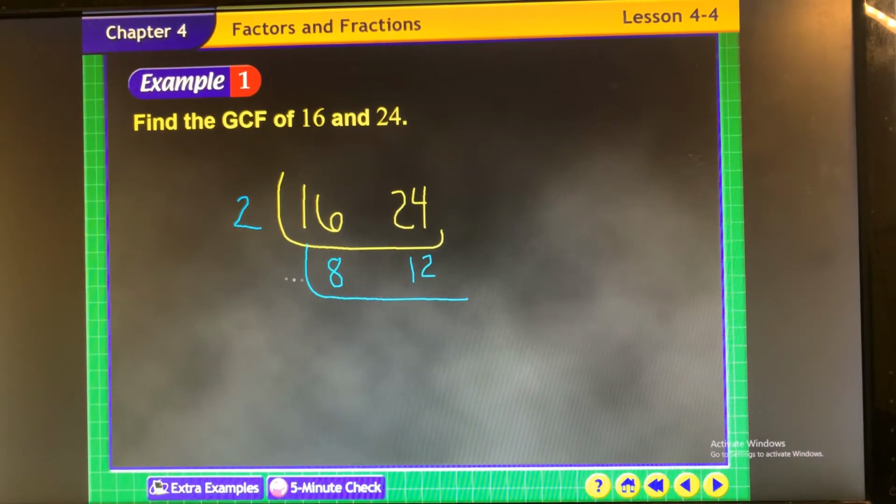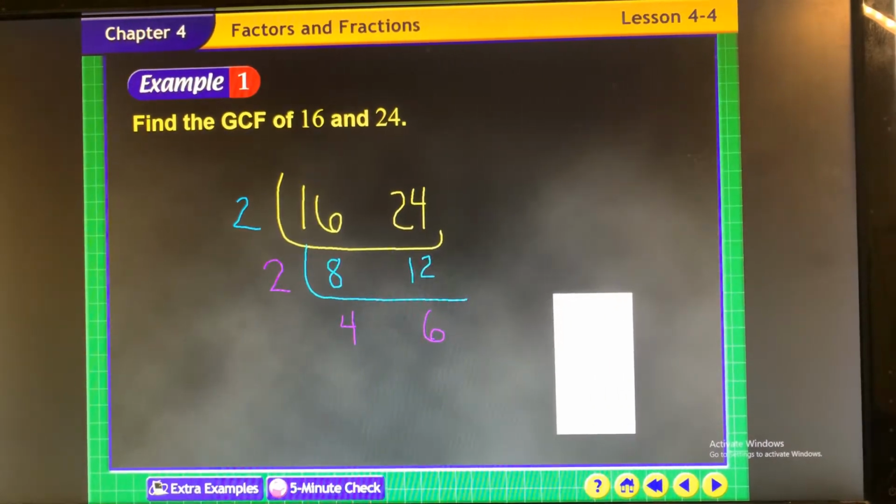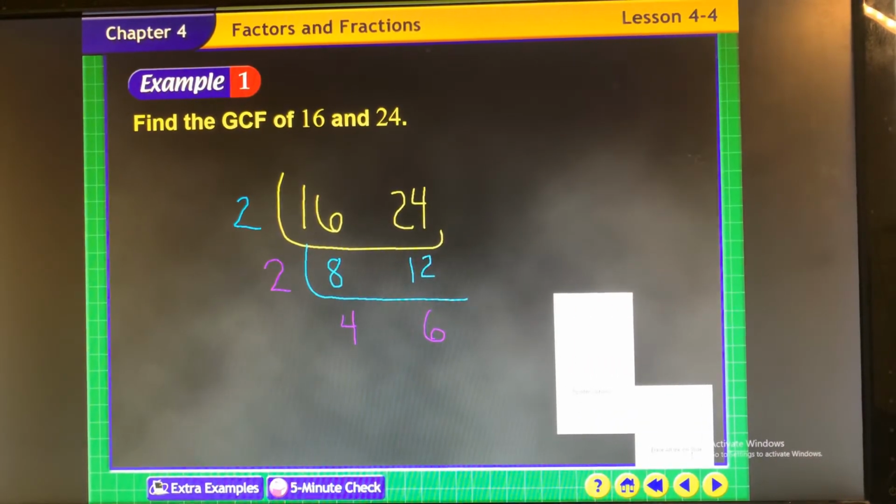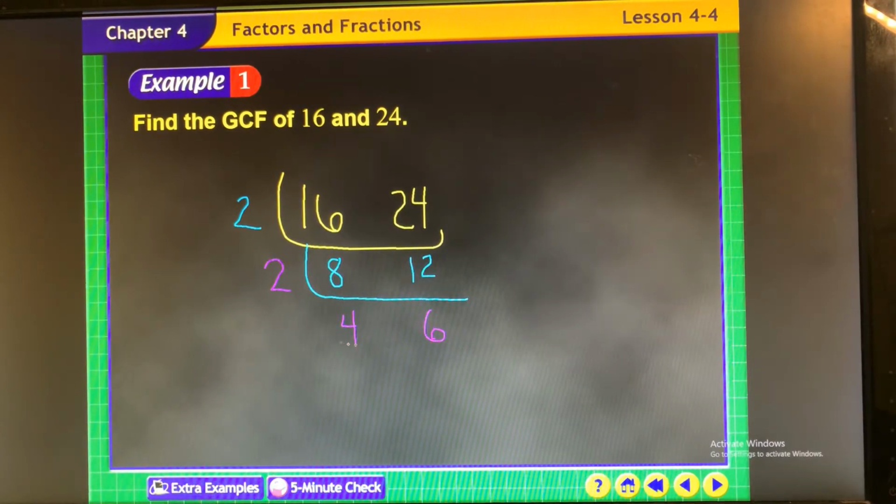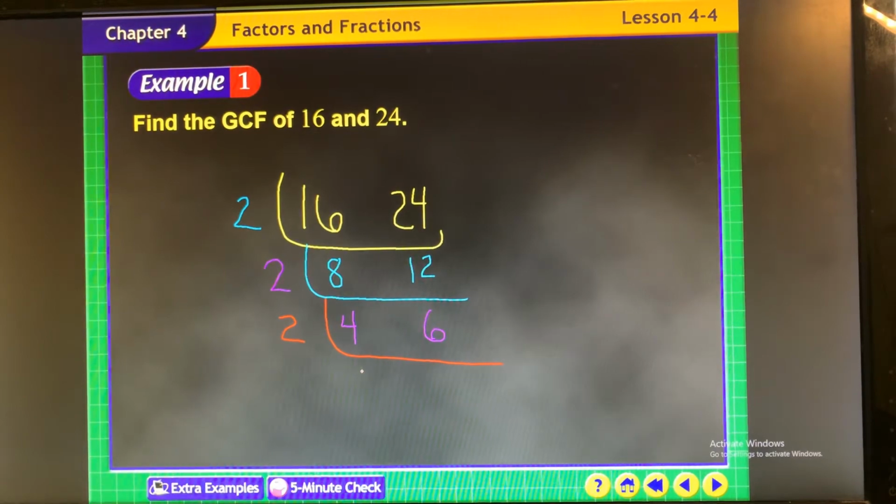What goes into 8 and 12? Oh, well, 2 does. 2 goes into 8, 4 times. And 2 goes into 12, 6 times. Does anything go into 4 and 6? Oh, yeah, 2 does. So do it again. 2 goes into 4 twice. 2 goes into 6 3 times.